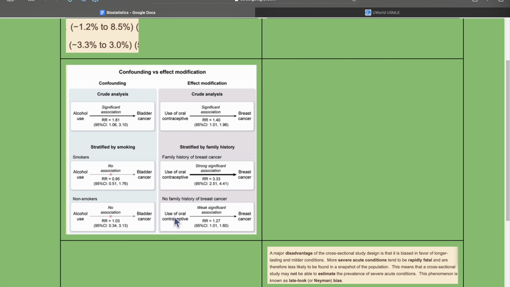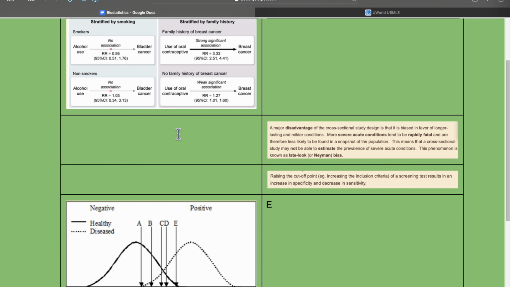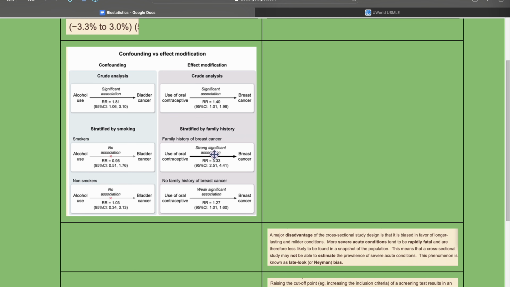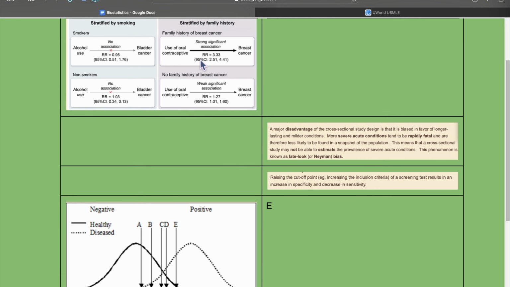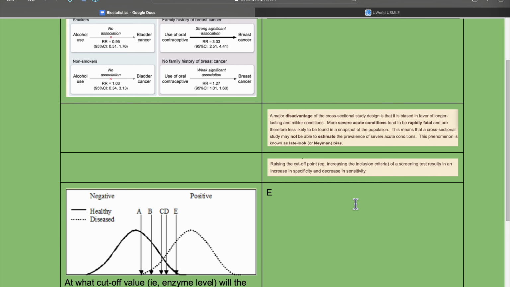For people who use oral contraceptive but don't have family history and still get breast cancer, the risk ratio is 1.27, so it's only increased by 0.27 times, right? The confidence interval does not include 1, but it's very close. So that's how you do that. Effect modification here was family history.